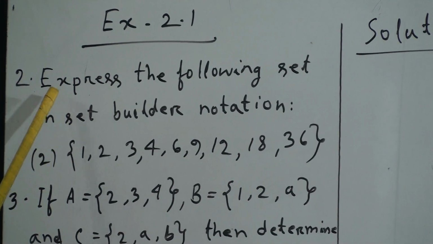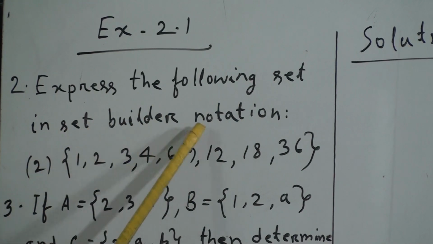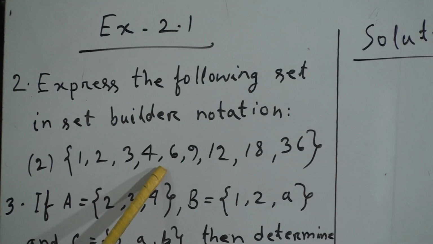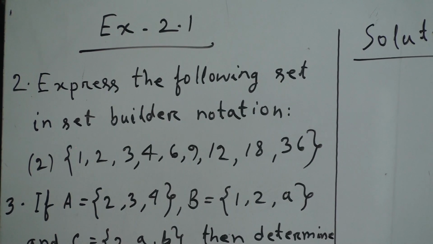Here the question is, express the following set in set builder notation. Here a set is given and it is expressed in roster method. We have to convert this set into set builder notation.